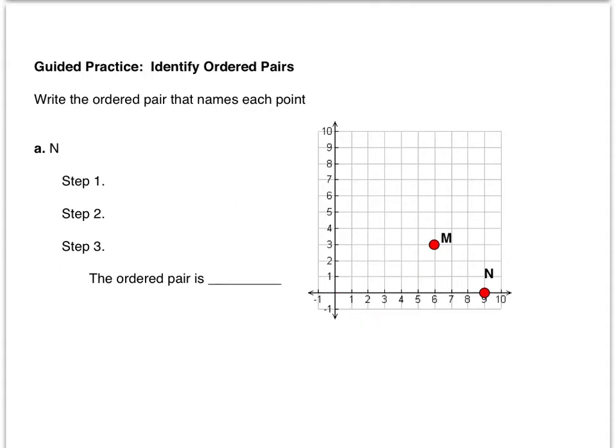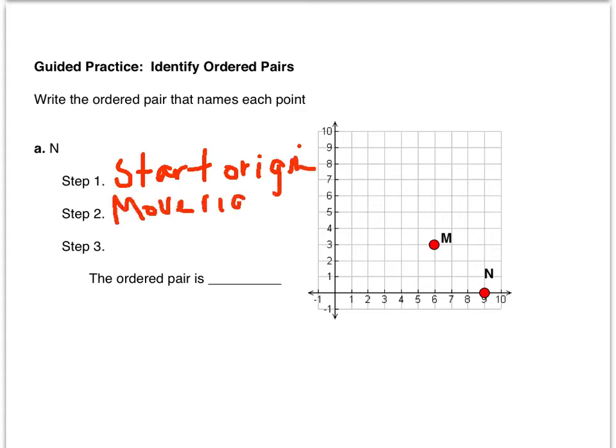Let's look at one together. In guided practice, we'll write the ordered pair that names each point. We're looking at point N. So step 1, we'll start at the origin. And we're going to move to the right until we find the x-coordinate. And the x-coordinate is going to be 9.